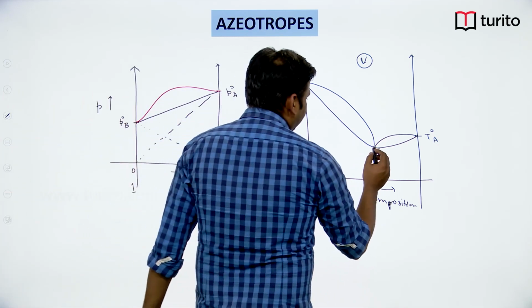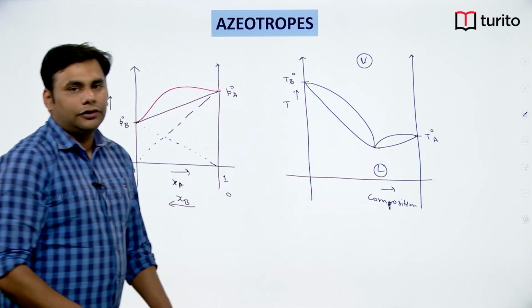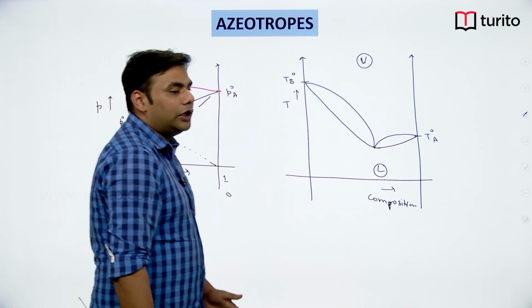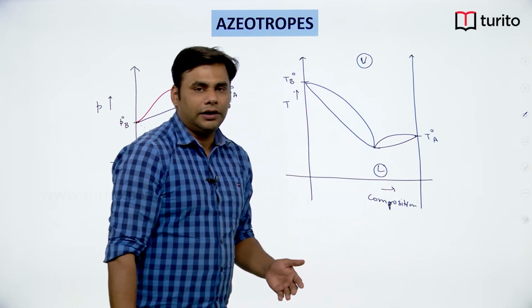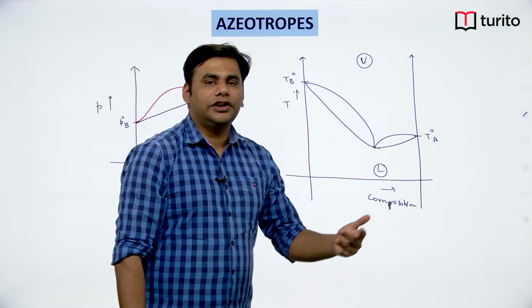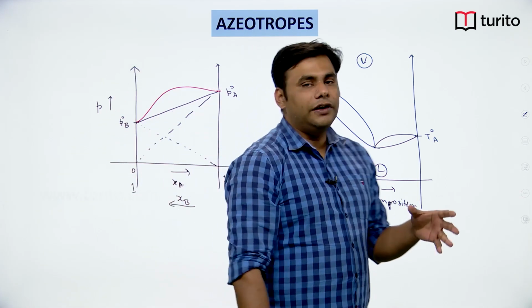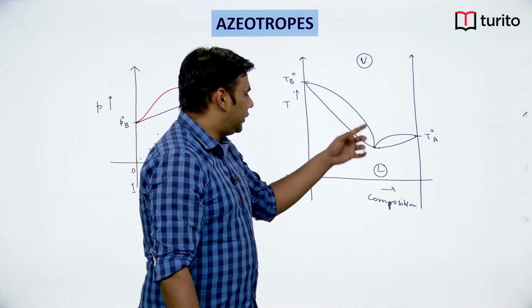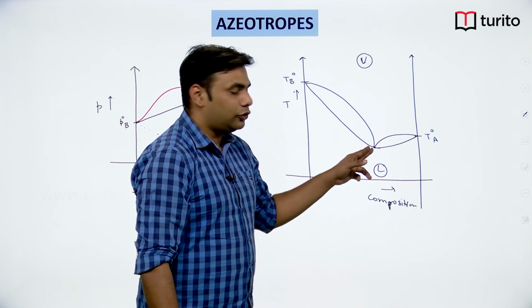We already discussed that this point is known as the azeotropic point. An azeotrope is a constant boiling point mixture that boils without change in composition. What does that mean? If we boil this solution, we are forming an azeotrope at this point.